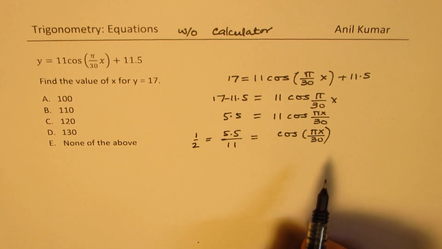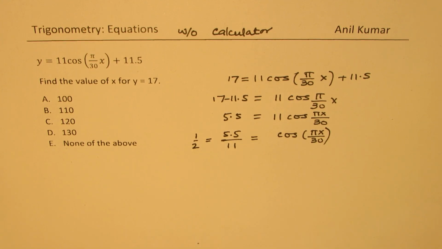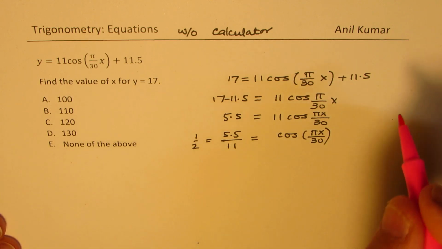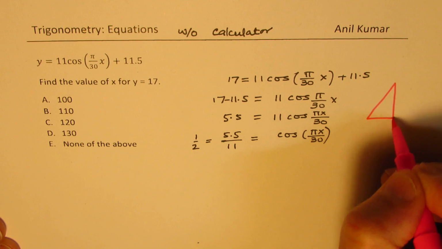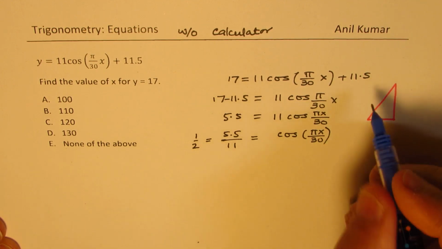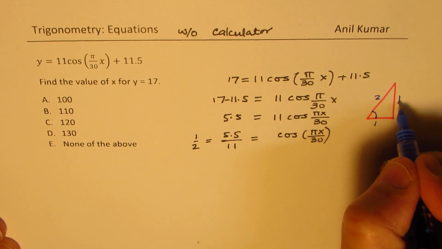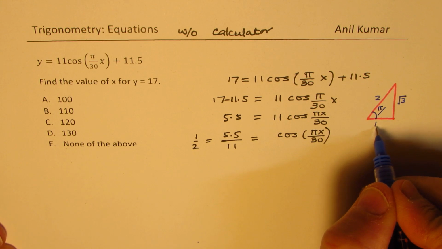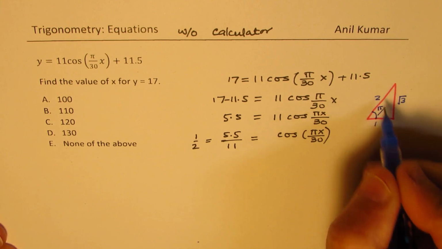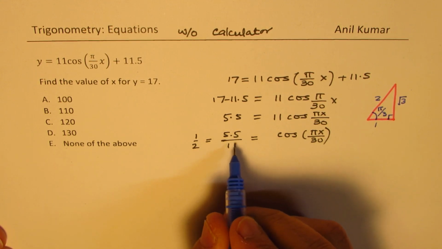Now you know that half is a very special triangle where cos theta should be what? So here's your special triangle. 1, 2, and square root 3 are the sides of this triangle, and this angle here, which makes cos as half, is pi by 3.